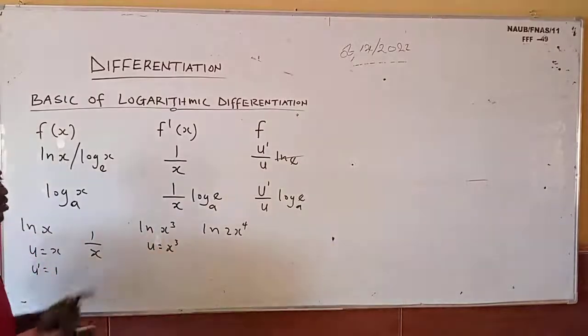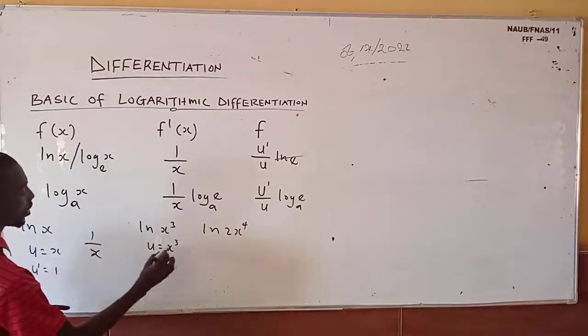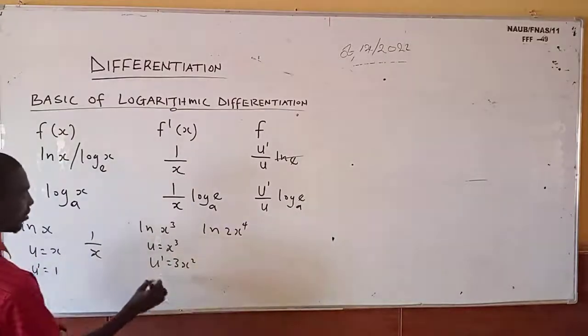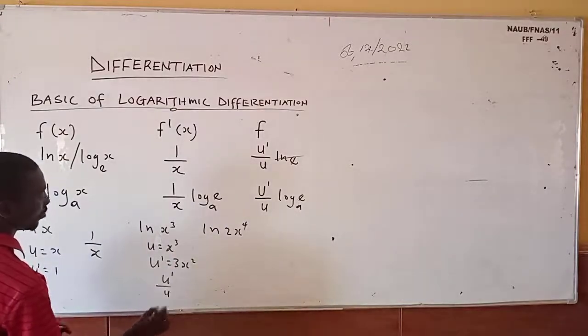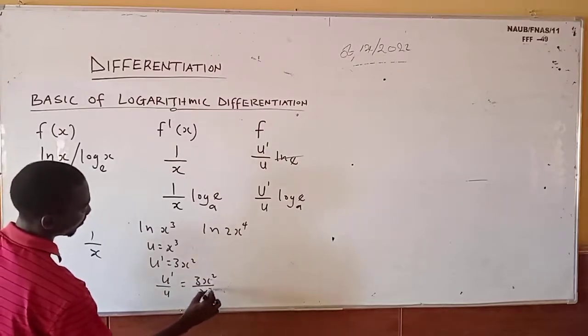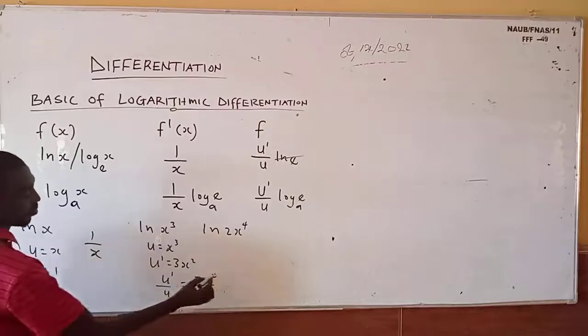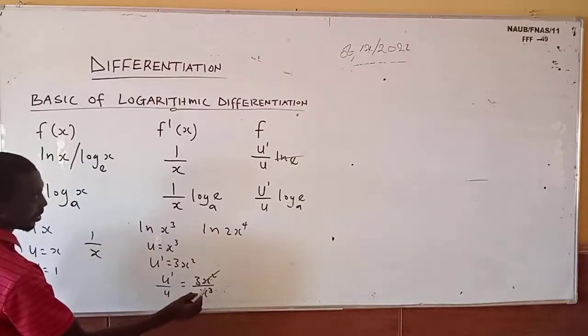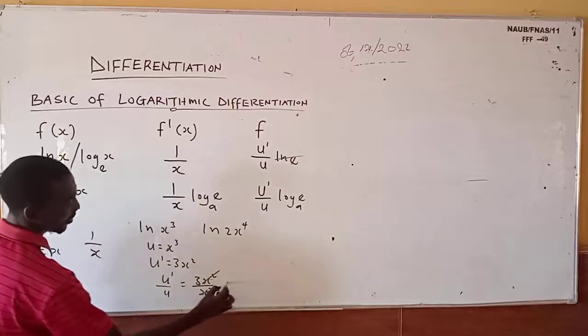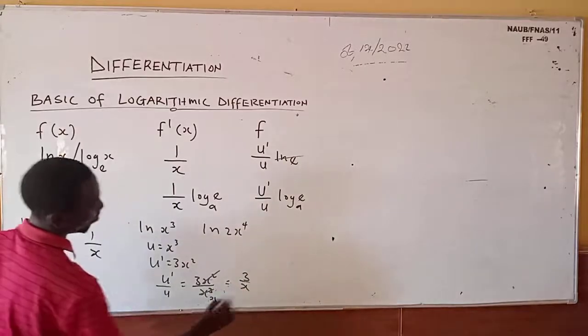So if u is equal to s cube, what is u prime? u prime is 3s squared. Do you understand? From the formula, it's nothing but u prime over u, which is 3s squared over s cubed, right? And now you agree with me that s squared will cancel out another s squared, and we will be left with s. So our answer will be 3 over s.